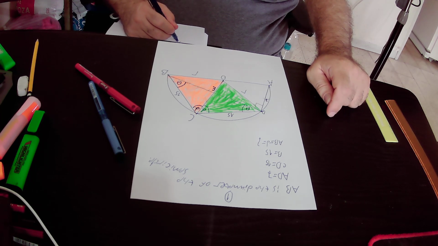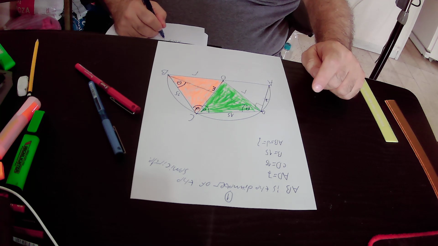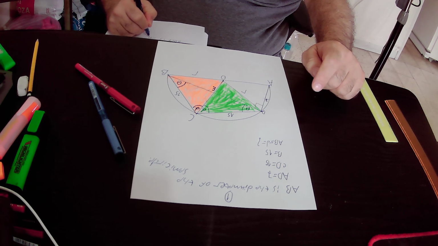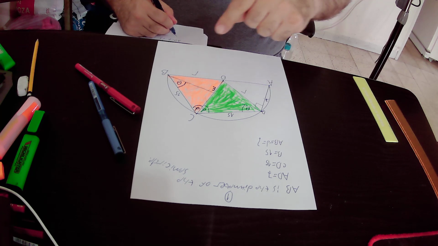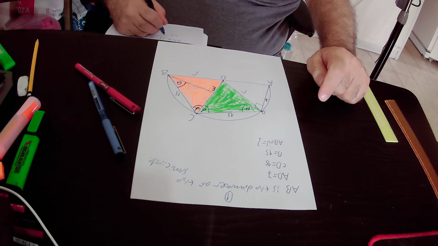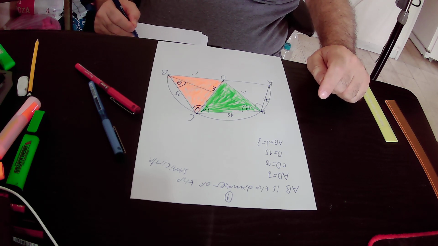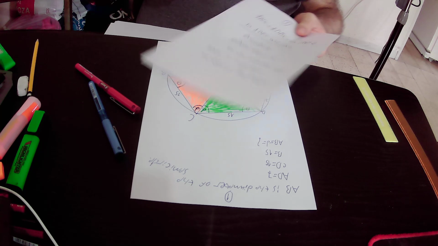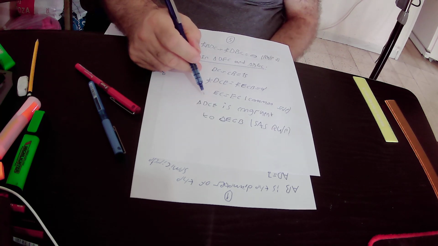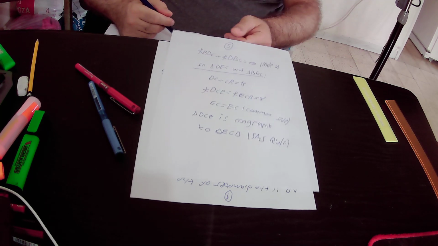The green triangle, triangle DCE, is congruent to the orange triangle, triangle ECB, according to the side angle side rule.